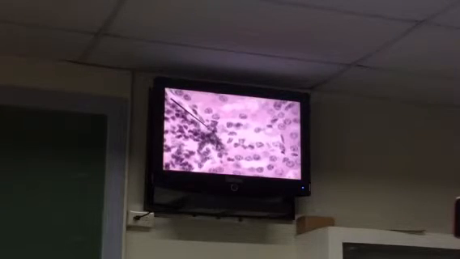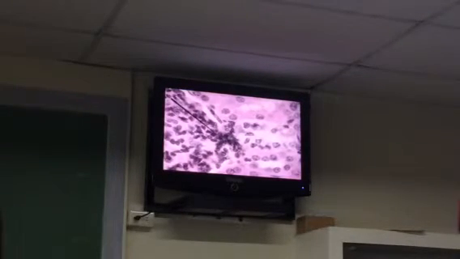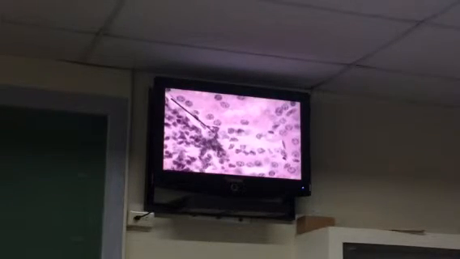Okay? So we are looking more at the structures. Now we have cells. The JG cells will secrete renin, and this will be stimulated if there's a decrease in blood volume. So these cells, the one that is pointed, part of the renal corpuscle, part of the afferent arteriole, this is where you will find the JG cell.